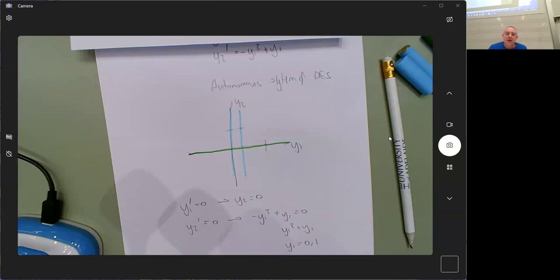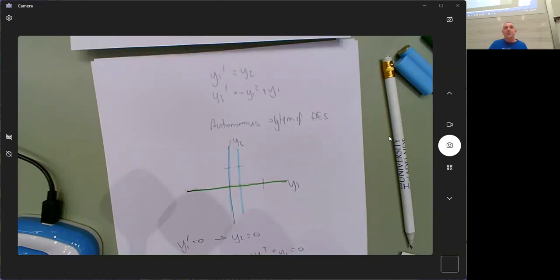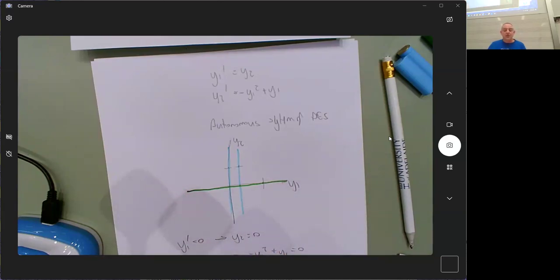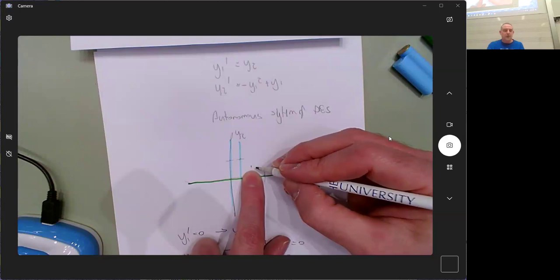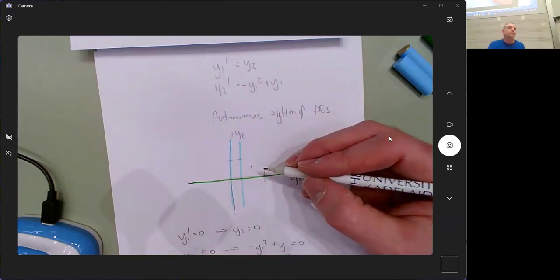But I wanted to say that you can create a new set of differential equations and pretend that your y and your y dashed are your x and y, and then try and imagine what that means. So at this point, y1 is 1 and y2 is 2, which means that y is 1 and y dashed is 2.